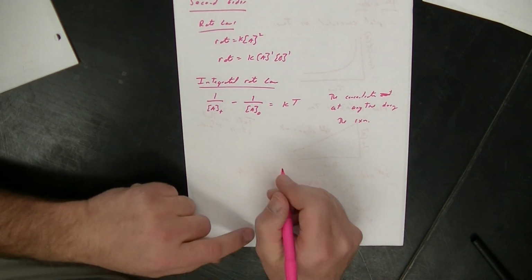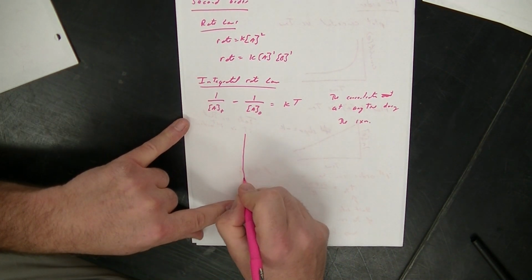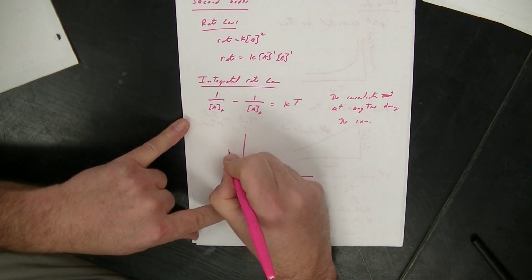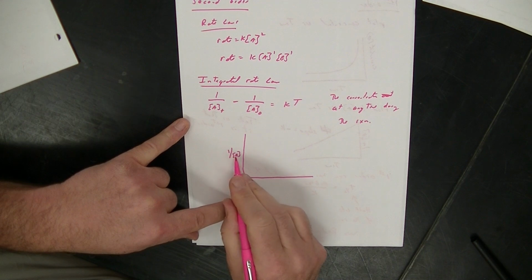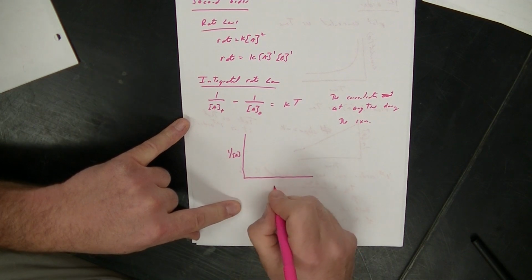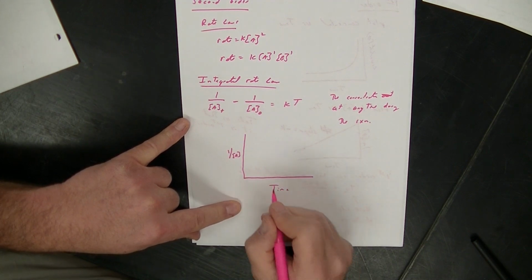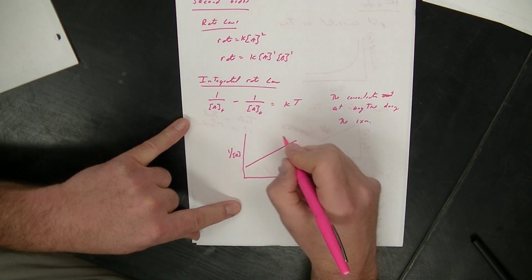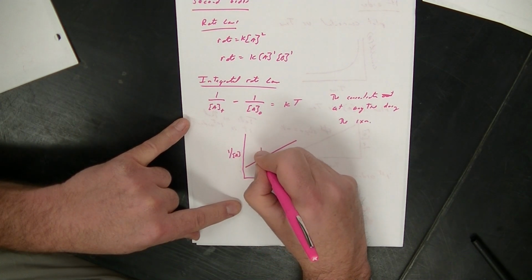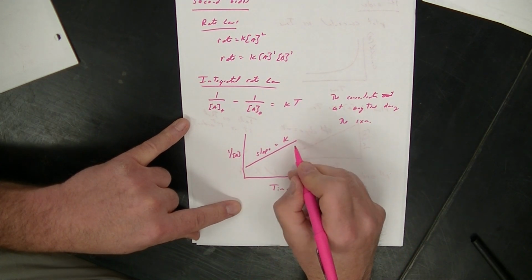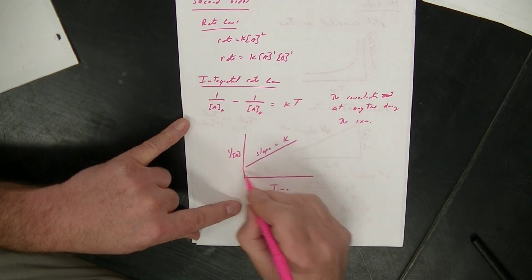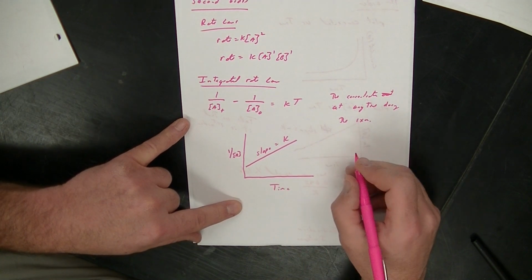Now, the graph. If we plot 1 over the concentration of A versus time, it's going to look like this. And our slope is equal to K. This is the graph of our second order process.